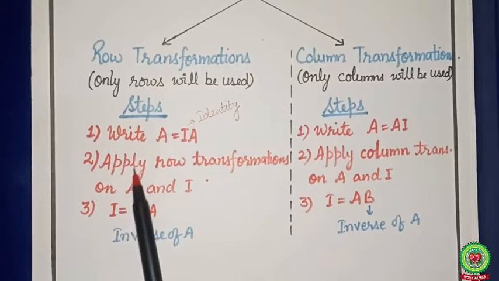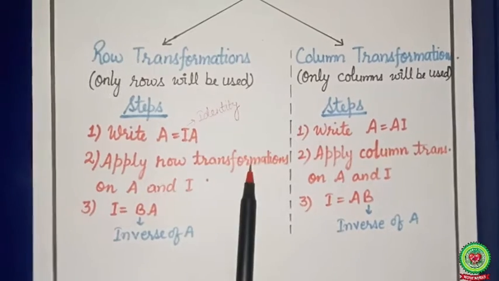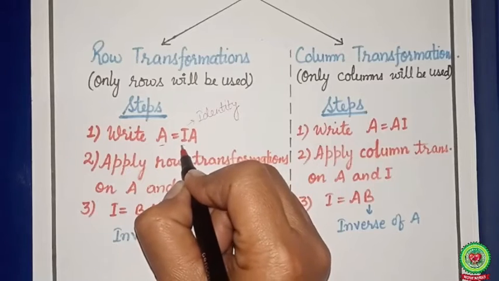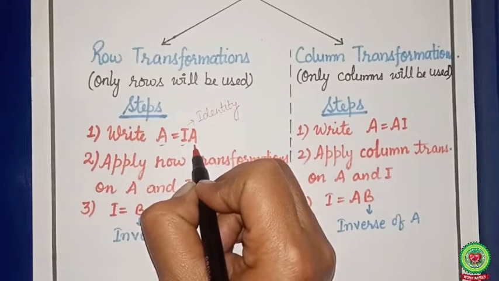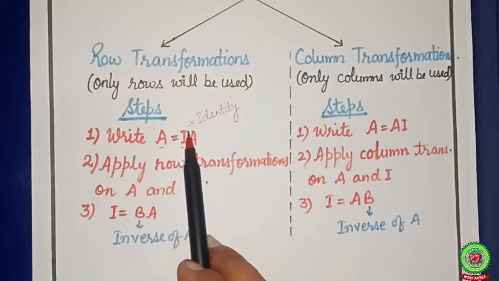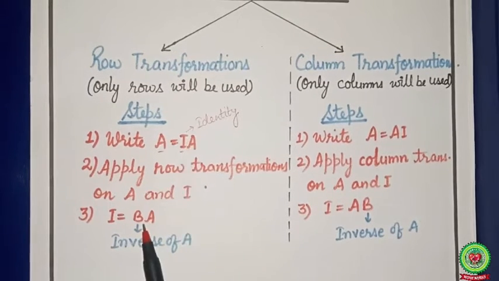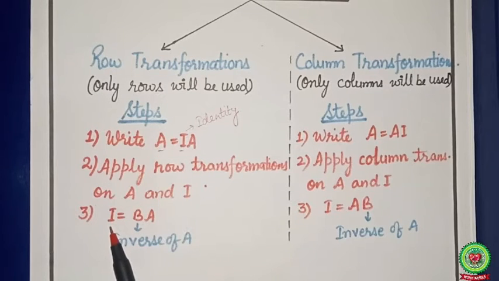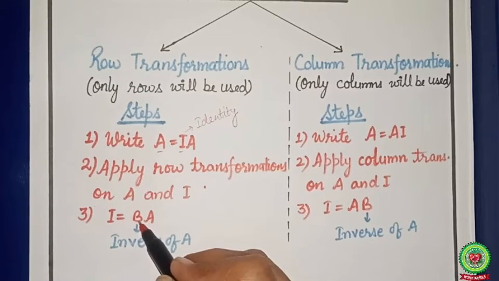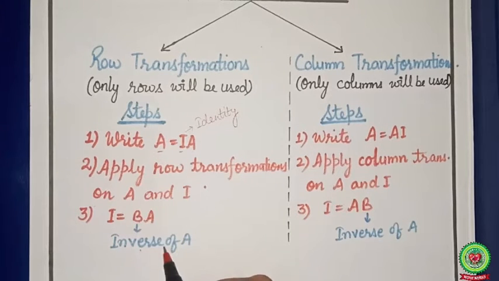In second step, we will apply the row transformation on A and I. For the first one, this A will be written as it is. Then we will do the row transformation to convert this A into the identity matrix and this I into the inverse. So, we will work according to these steps only. The matrix we get after the transformation will give us the value of the inverse of A.